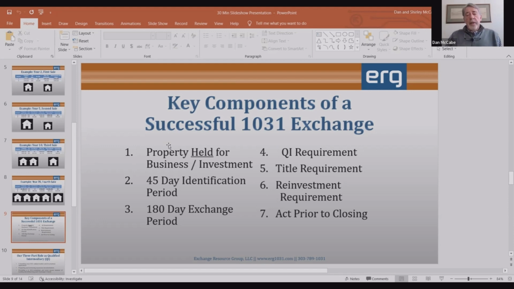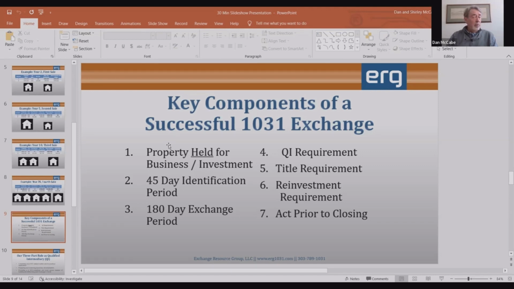Rule number 4, you must use a qualified intermediary. The purpose of that is twofold. And we're going to talk about what a qualified intermediary does in a minute, but the basic idea is that the government does not want to allow the individual taxpayer to control all of the aspects of the transaction. And for that reason, they require that a qualified intermediary be inserted.